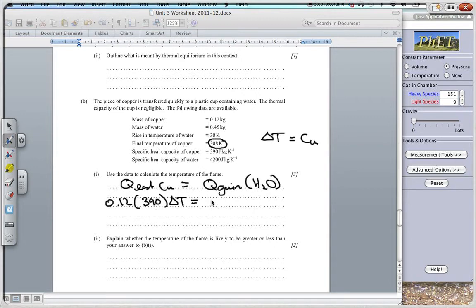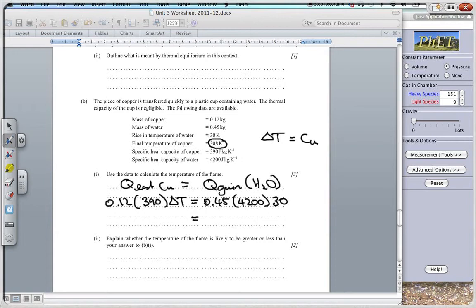And for the heat gain of the water, the mass of the water is 0.45 kilograms, the specific heat capacity of the water is 4,200, and the rise in temperature of the water was 30. So from that we can easily calculate the change in temperature. Let's just do that quickly.